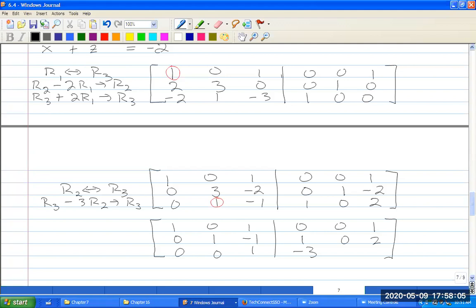Wait 1 second. Let me just check if I multiply. I multiplied this by negative 3. Yes. 0 plus 1, 1. Minus 6 plus 2, minus 2 is minus 8. Okay.